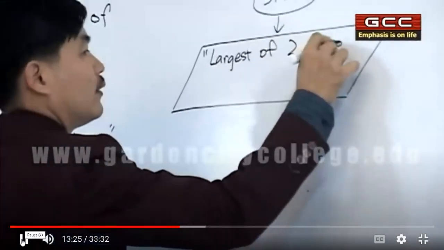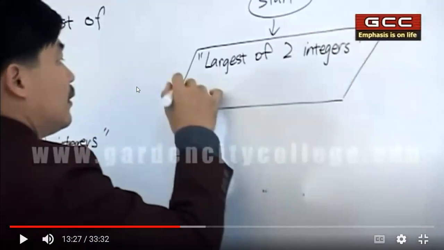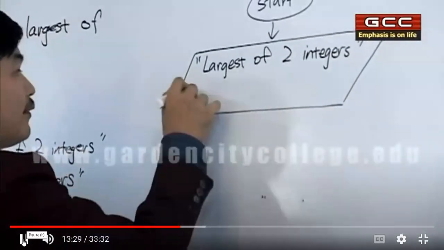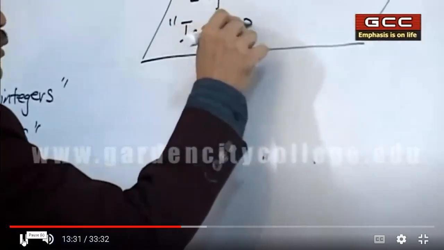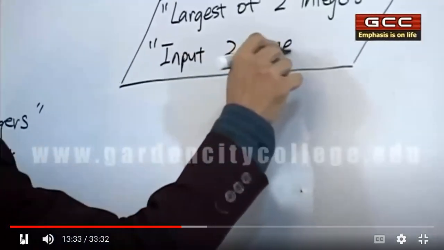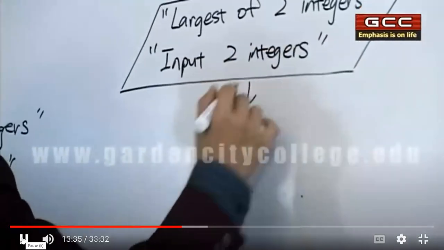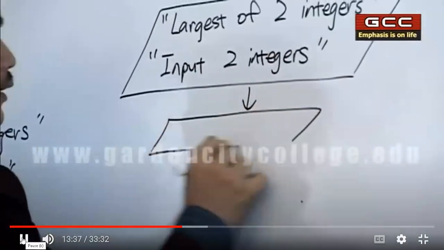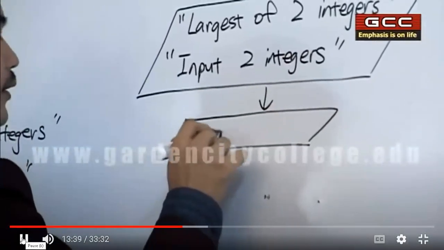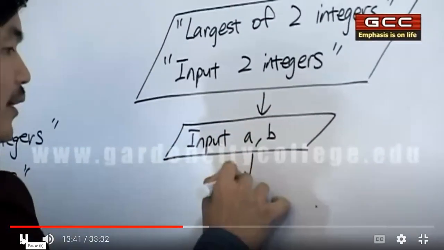Right now you're telling the user what the program is about. Then we have the instruction to input two integers, instructing the user what they're supposed to do. After that, we need to input A, B.